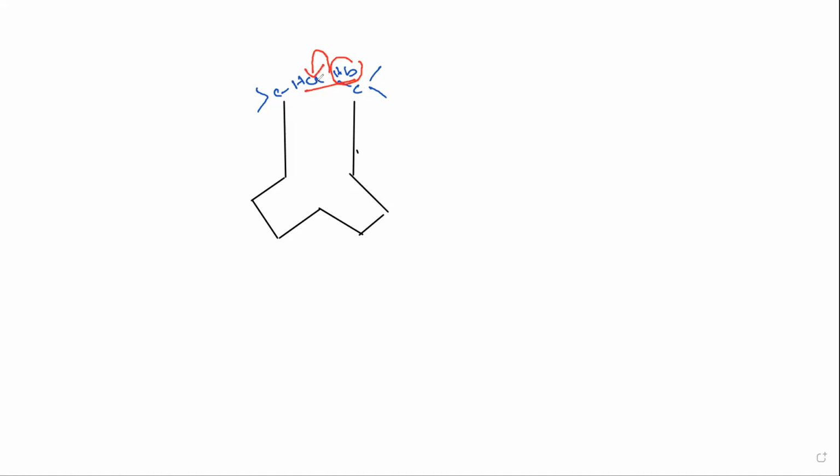So the signal will appear more intense, by 15 to 50%. The intensity of the HA proton signal increases. That is, if the intensity of the HA signal is increased by double irradiating the HB proton, then HA and HB must be in close proximity in the molecule.